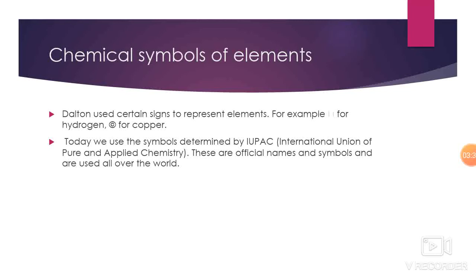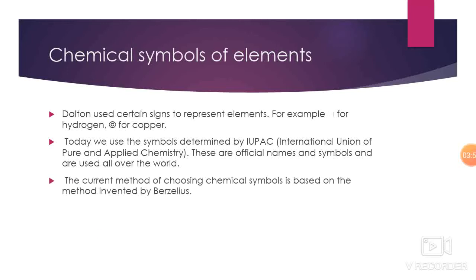So remember the full form, IUPAC, and who gave the symbols for the elements? It is the IUPAC. These are official names and symbols and are used all over the world. So they give the official symbols for the elements nowadays, and they are used in the whole world.